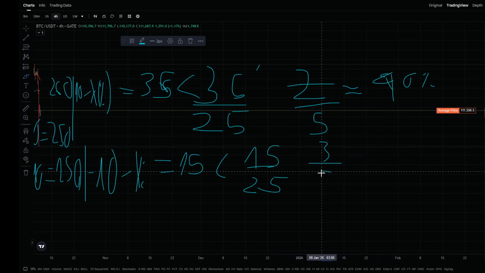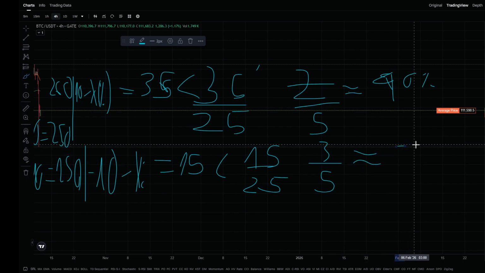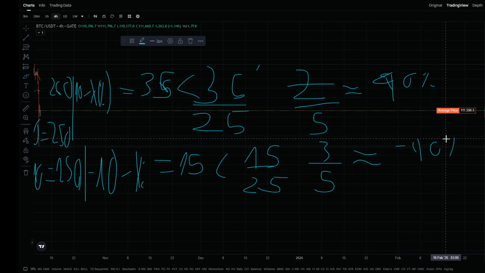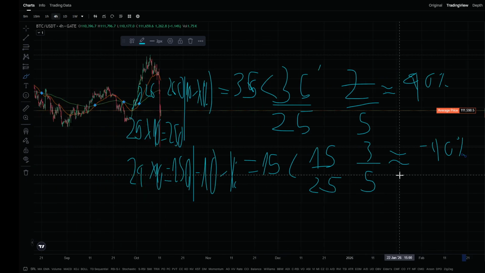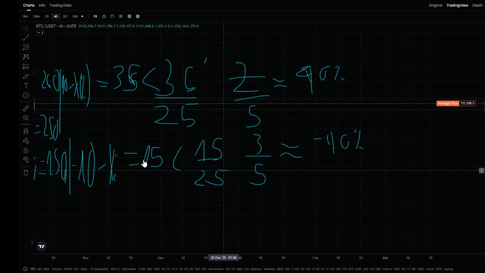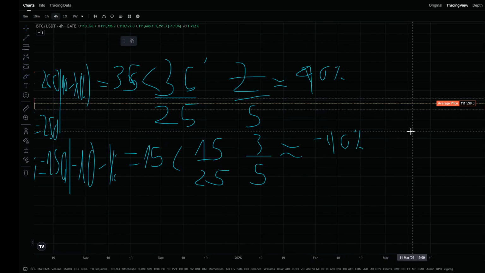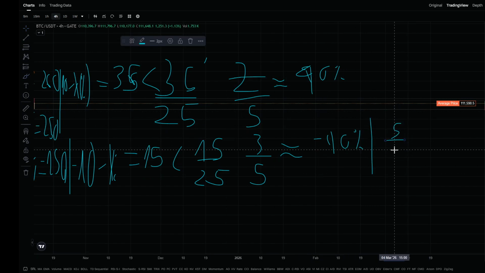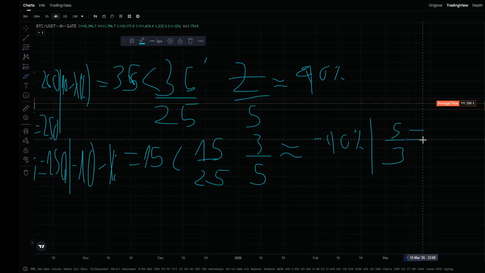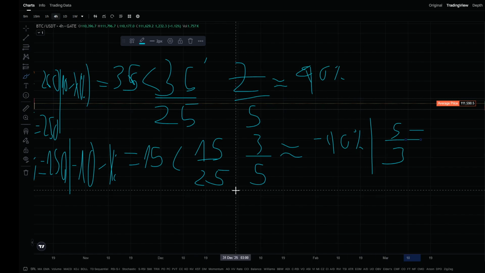This is minus 40%, of course. But the amount you need to make to break even is different. You need 60%: you need to make $10 out of $15.